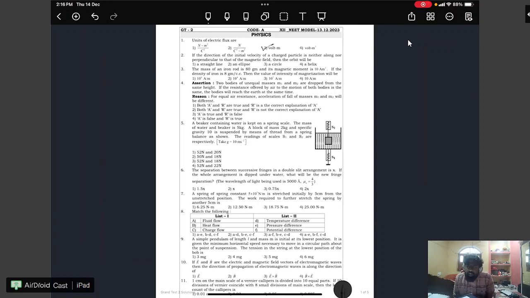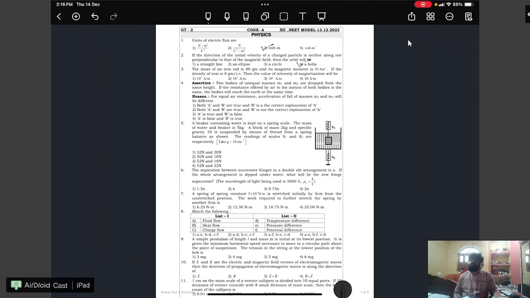Now the second question they are saying is: if the direction of initial velocity of the charged particle is neither along nor perpendicular, meaning at an angle theta to that of the magnetic field, then the orbit will be a helix. Helical path will be there. We have discussed this in class, motion of a charged particle in an external magnetic field.